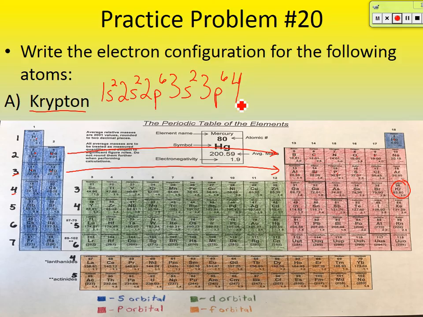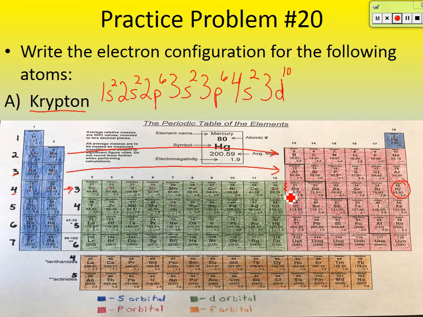So we're in the fourth energy level. S orbital and 2 electrons can fit there. Now be careful. We're going to the d orbital block, so that should remind you to drop down to the third energy level. D orbitals, and we got 1, 2, 3, 4, 5, 6, 7, 8, 9, 10 electrons.